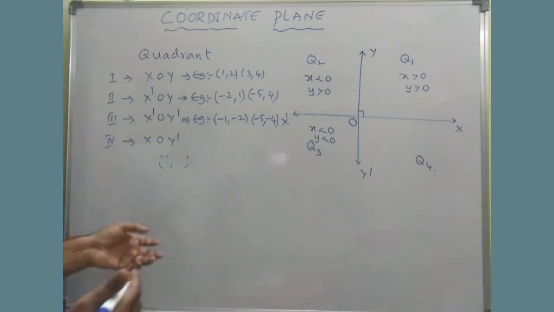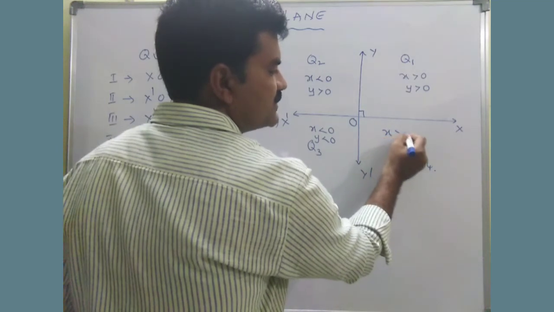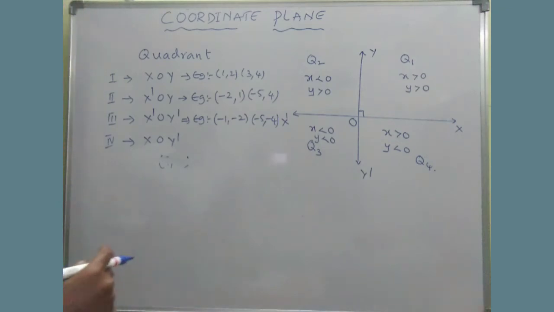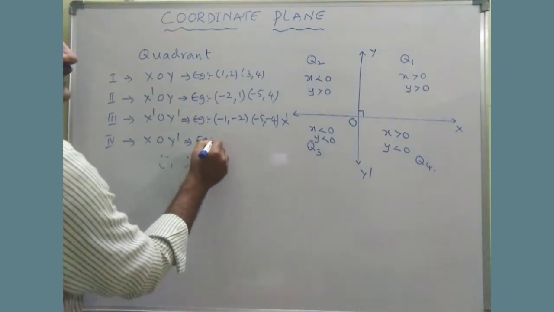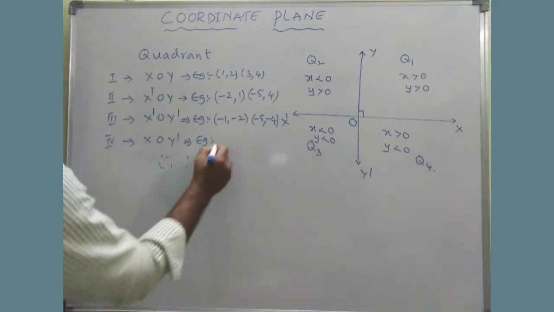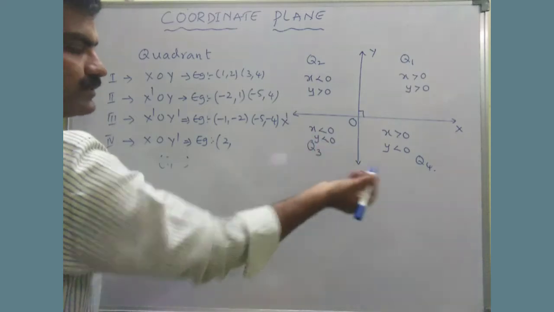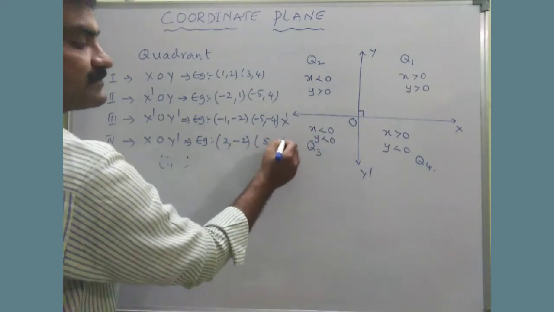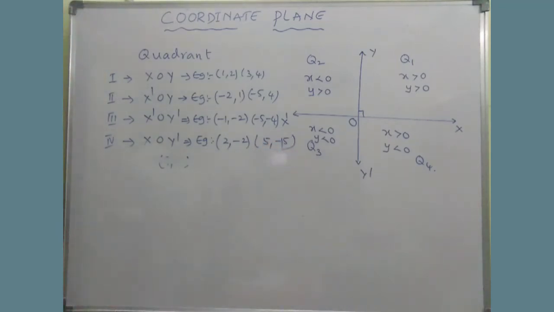And similarly, coming to the fourth quadrant, x should be positive and y should be negative. Okay? Examples of points which lie in the fourth quadrant: x should be positive, say 2, y should be negative, maybe -2, or (5, -5), or (5, -15).